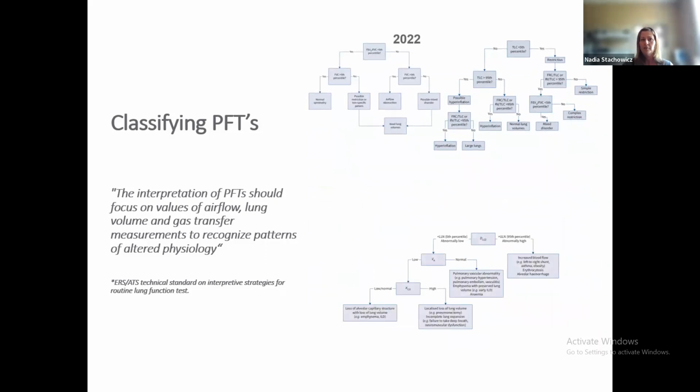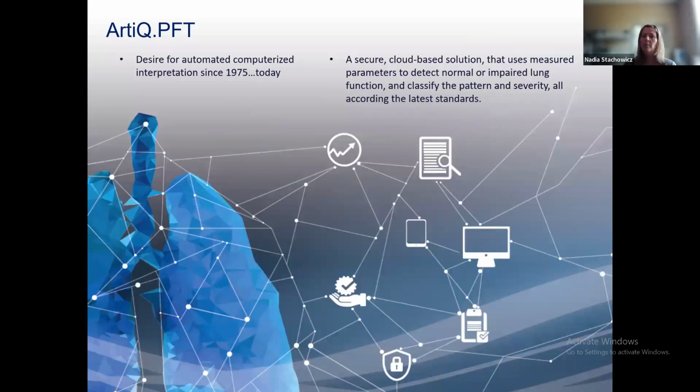And I'd like to demonstrate how a tool like ArtiQ.PFT that provides complete synchronicity to those new standards might alleviate some of the learning curve, or at the very least support our clinicians as they get comfortable with those standards. But of course, at the same time, you want to ensure that your PFT lab is staying accurate and boosting the consistency and the standardization of your interpretations throughout your lab, whether that's locally in one place or if you have many labs connected.